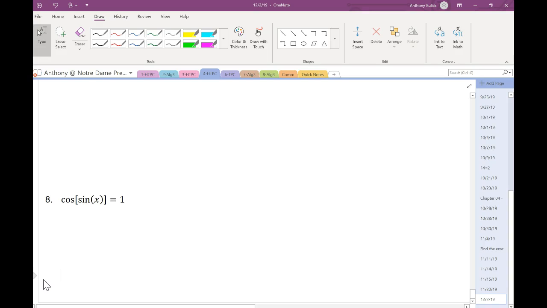All right, which one did you want to see? 14, okay. It's pasting right now, so it's just going to be a second for it to paste.